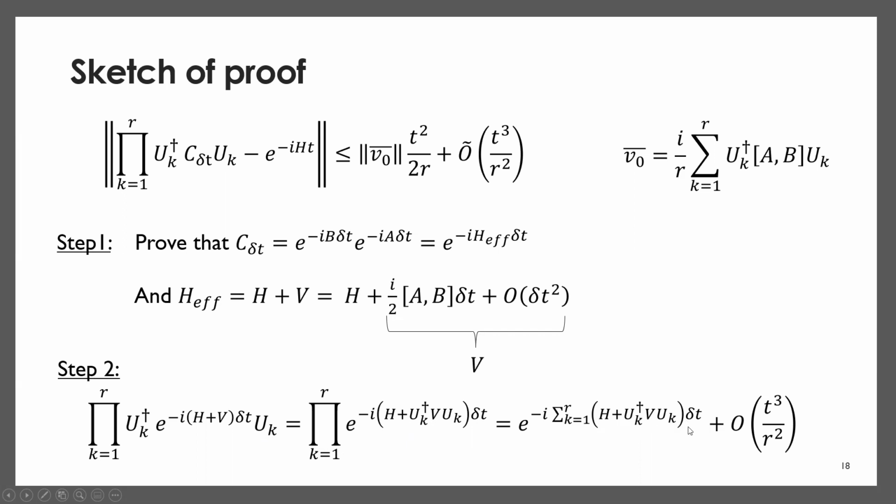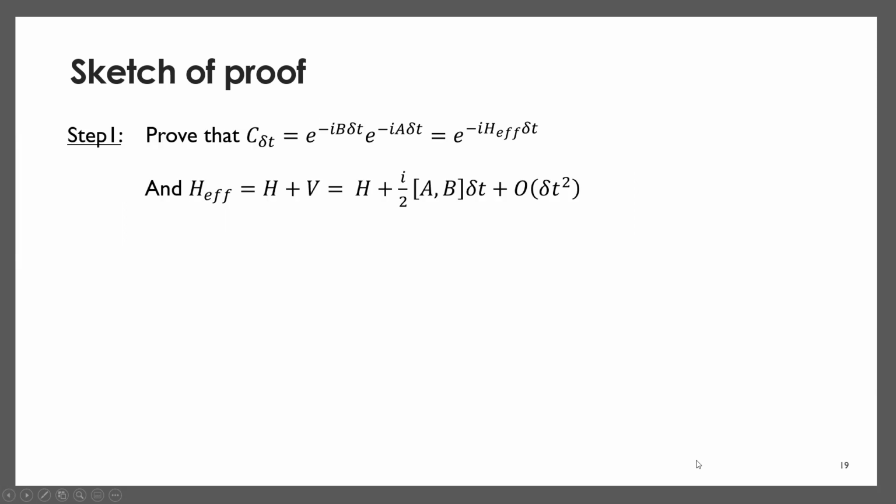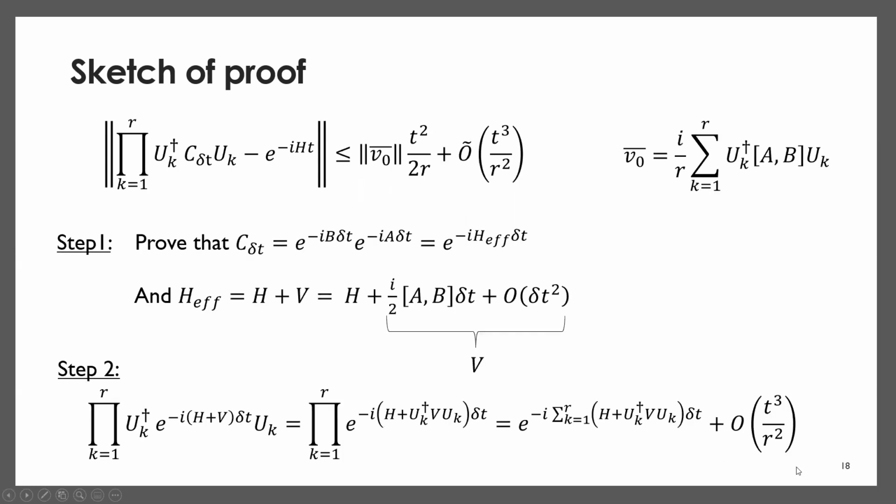You can also notice that this is very similar to Trotterization. But if we were to use the standard Trotter error analysis, we wouldn't have been able to get this error bound. I will talk more about that later.